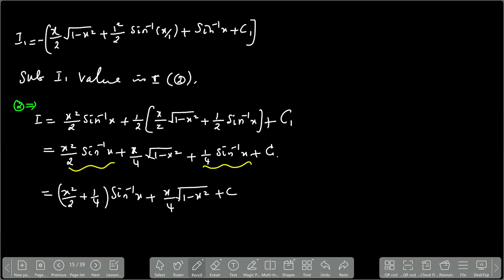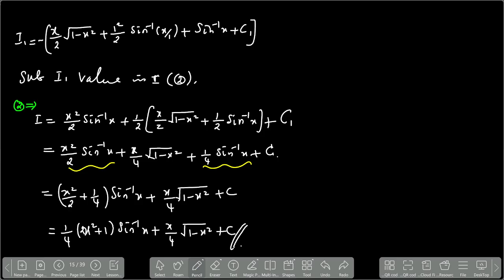Otherwise 4 is the LCM, so 1 by 4 is taken outside. What remains is 2x square plus 1 into sine inverse of x, plus x by 4 into square root of 1 minus x square.